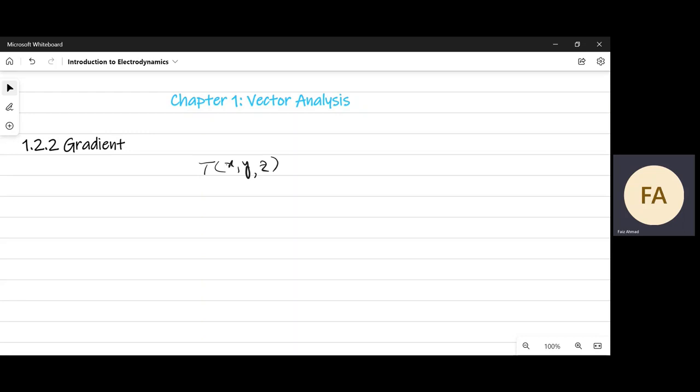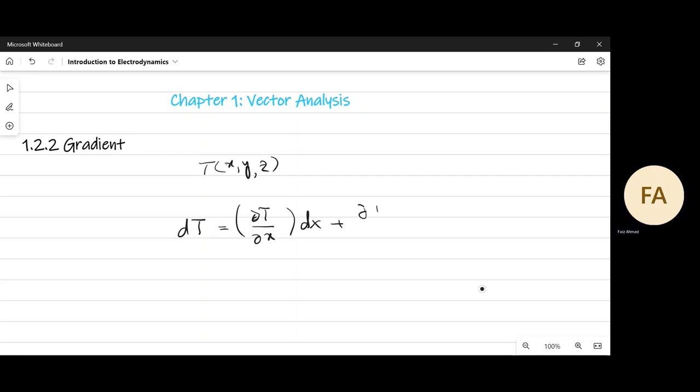If we want to find the change in the temperature, dT, you can find it just by taking three derivatives: partial T over partial x times dx, plus partial T over partial y times dy, plus partial T over partial z times dz.